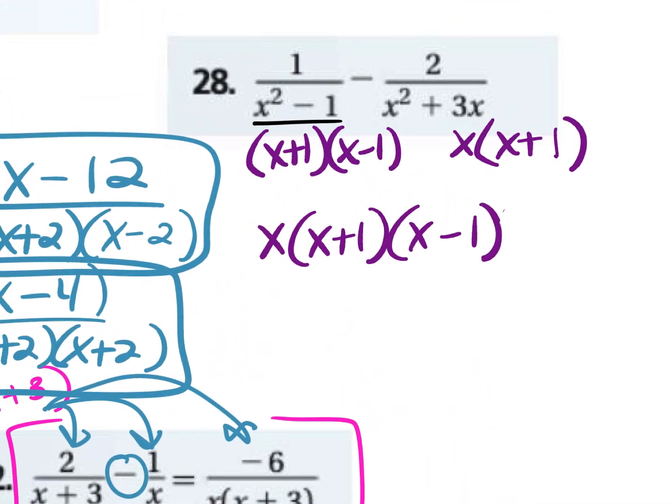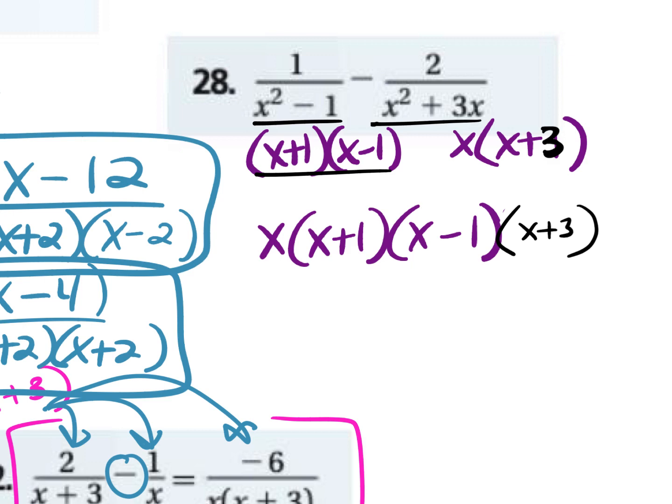So I did difference of squares here. I factored out an x. Oh, I lied. It is a 3. That is a 3. Sorry. That's a really big denominator. Am I doing something wrong there? No. That would be your common denominator.